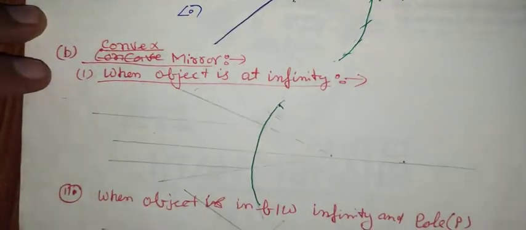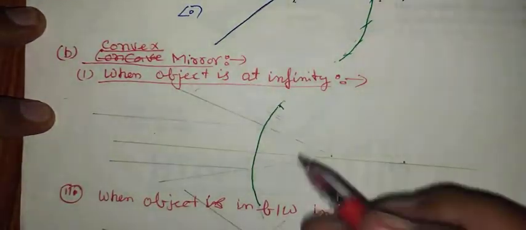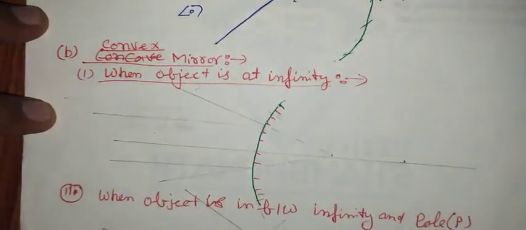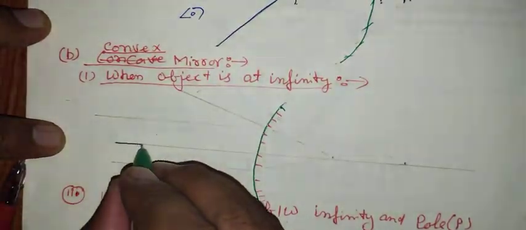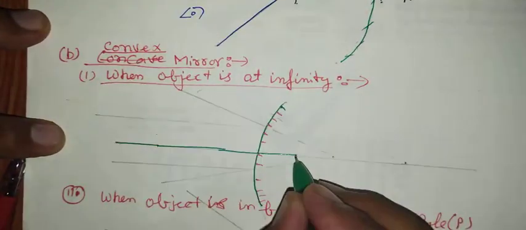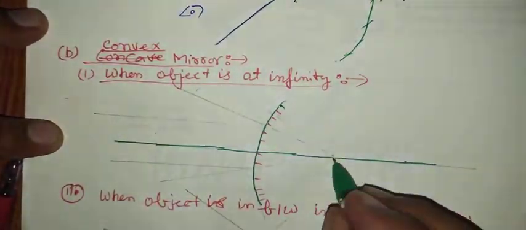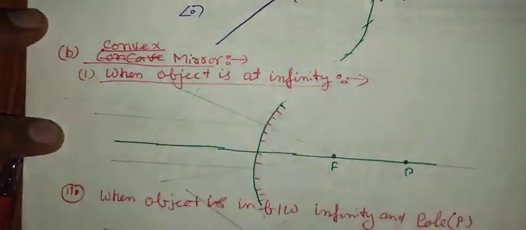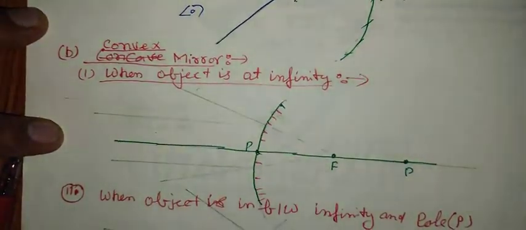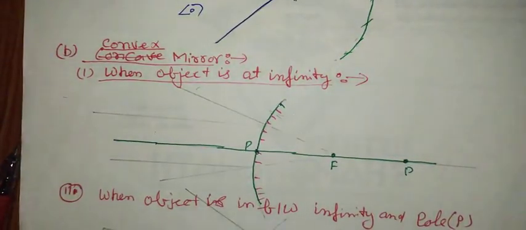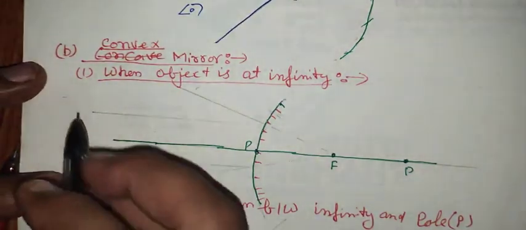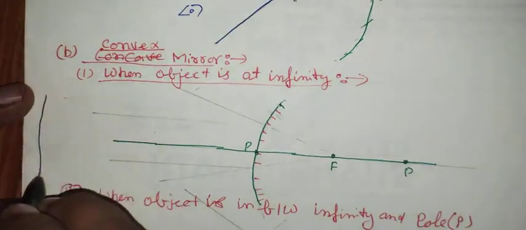So this is the position of the convex mirror with principal axis. In a convex mirror, the focal point and center of curvature are found on the right side. This is the pole P. The object we always take on the left side, either in mirror or in lens, any type of lens or any type of mirror. So the object here in this case is at infinity.